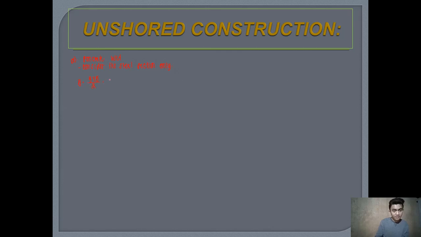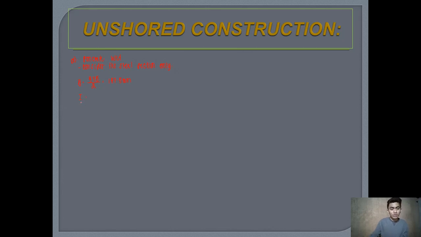I will have there 187.5 mm, which we are going to utilize in computing for our stress in steel. But before that, we also need to determine the value for our moment of inertia.